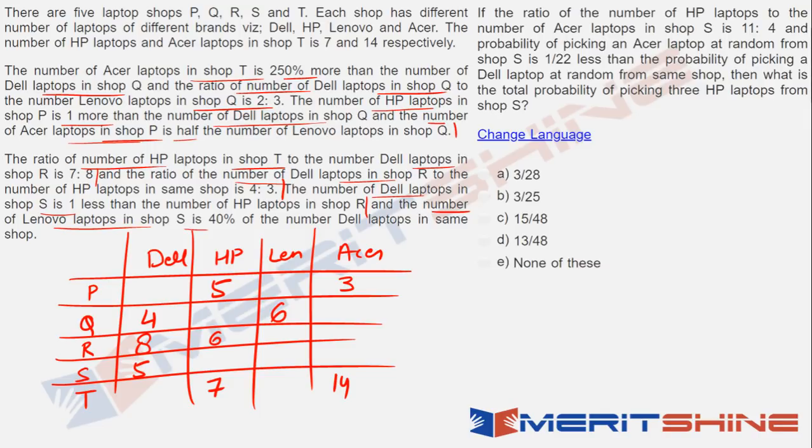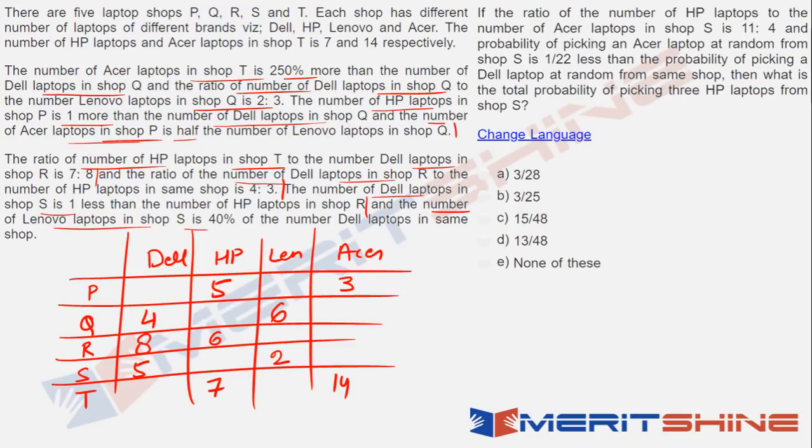So Dell in S is 5 and Lenovo is 40%. So Lenovo in S would be 40% of this value. So that would be equal to 2. So this becomes your actual number here. So this is the complete table that you'll need to do here. This is the complete structure that you have got here, from which you can now answer the questions.